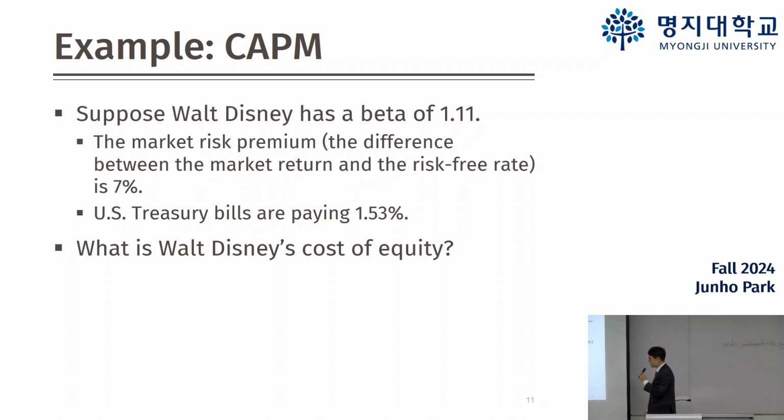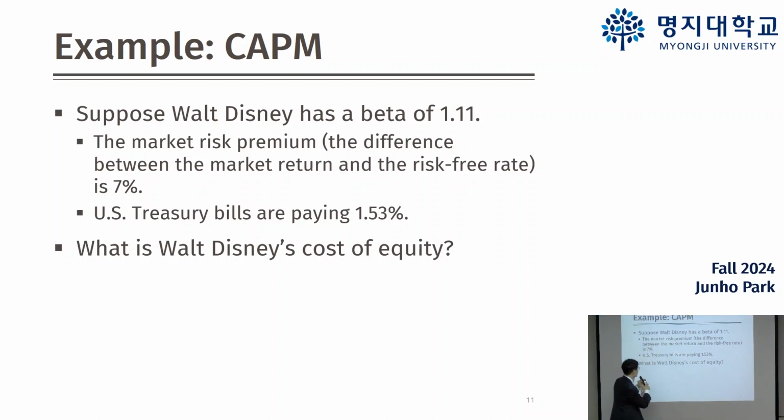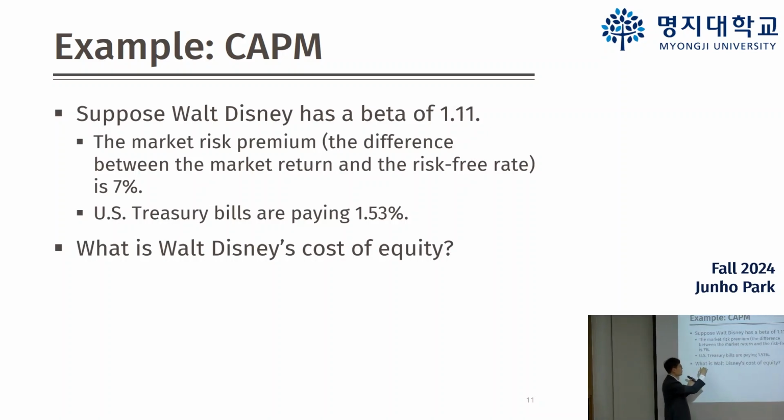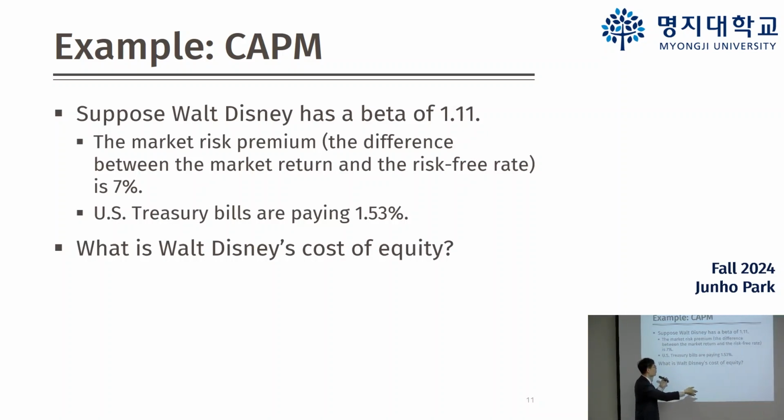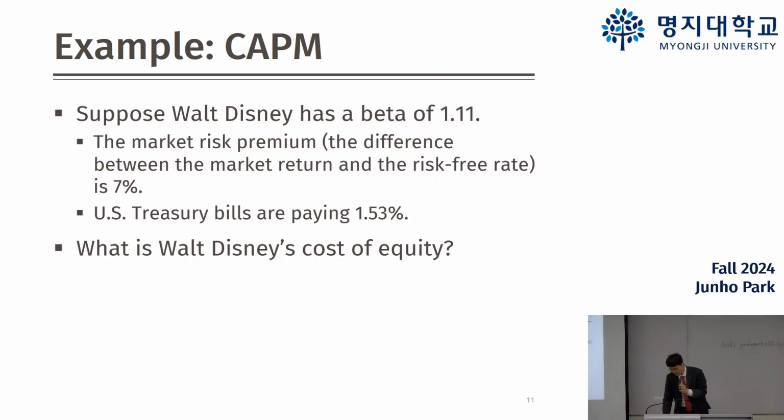One thing that you should keep in mind is that in reality, we often use US Treasury government bonds as a representative item for the risk-free asset. So here 1.53% will be the risk-free rate of return, RF. And then the rest is very simple. You can just use the formula.